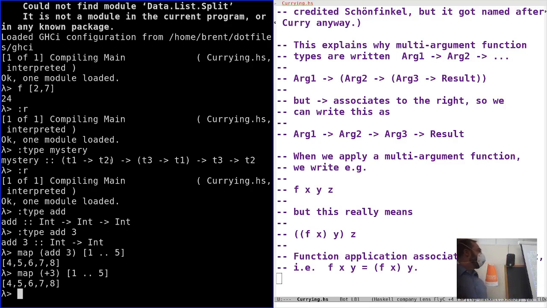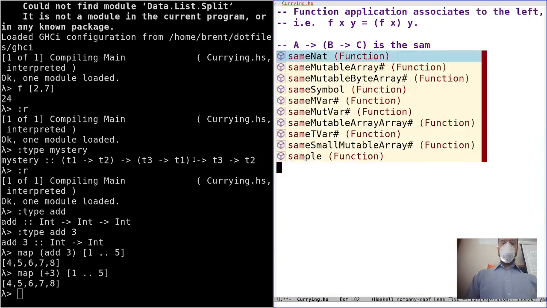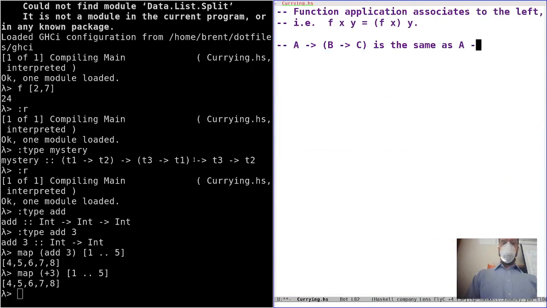So, why are these parentheses needed though? So we know now that A to B to C is the same as A to B to C. Right, but what about A to B to C?